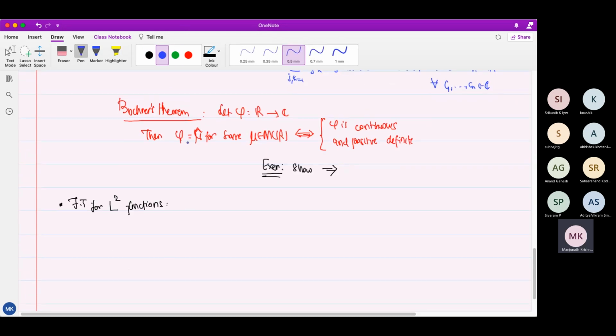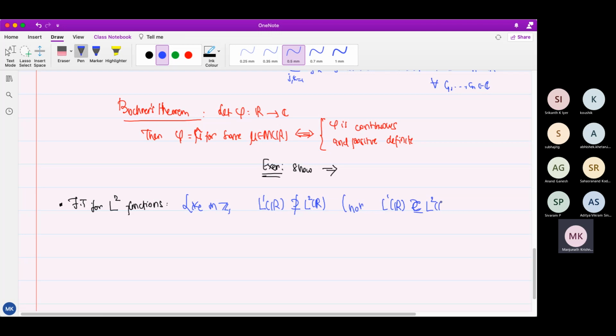It is just like in Z, L1 of R does not contain L2 of R. But there at least it's kind of the other way, L1 implies L2. But here, is it true that L1 of R is contained in L2 of R?